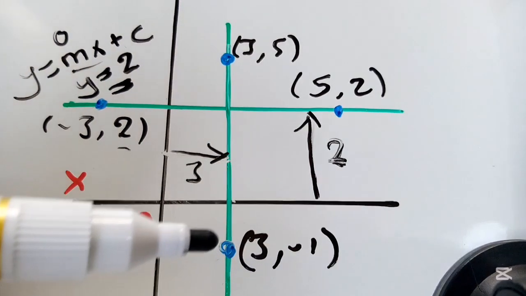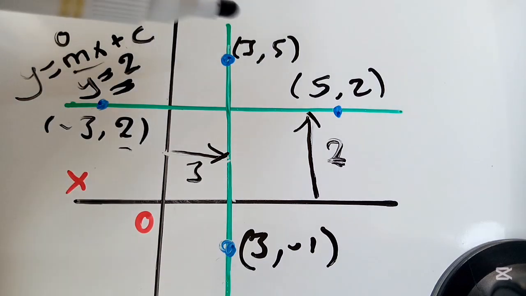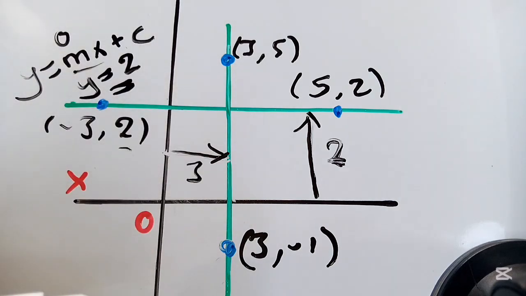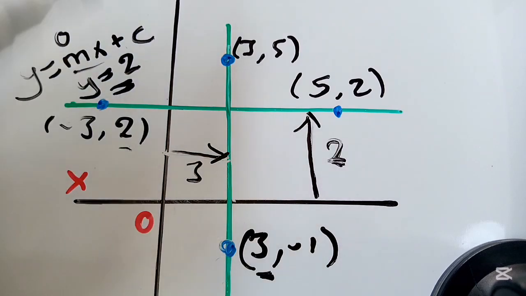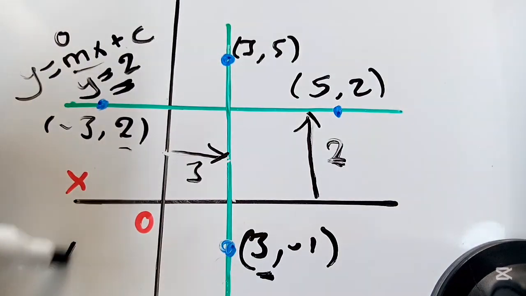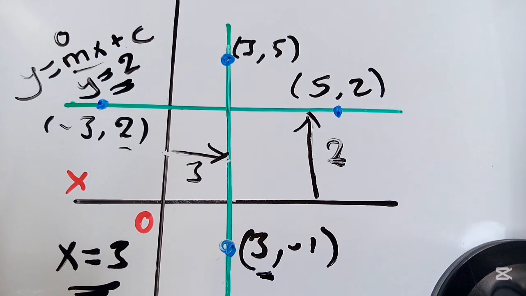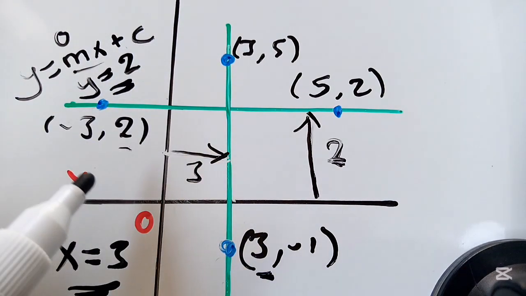And also this line, the gradient is undefined. So if this one y was equal to 2, then this one we're going to say x is equal to 3. So the equation of that line is x is equal to 3. Our gradient is undefined, so x is equal to 3.